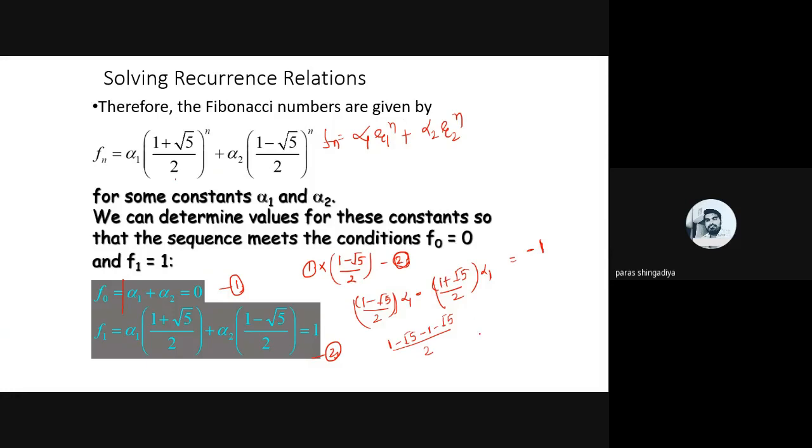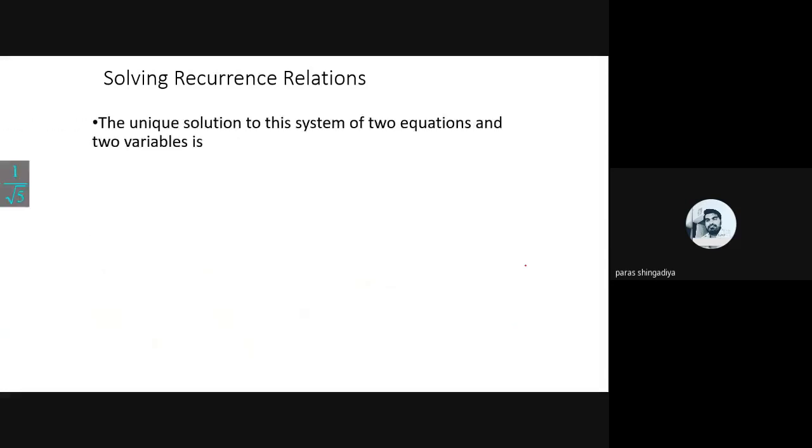Subtract it, so it will be minus 2 root 5.